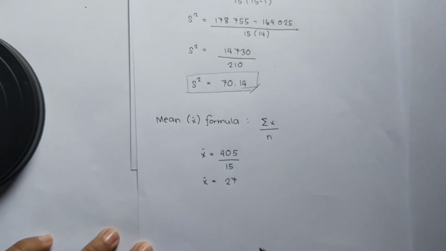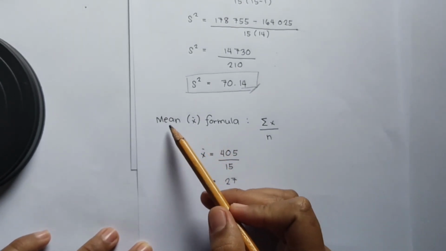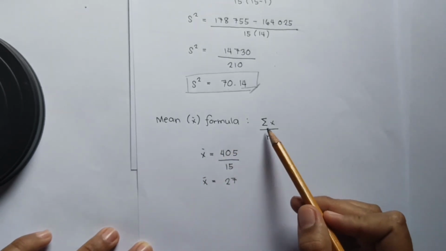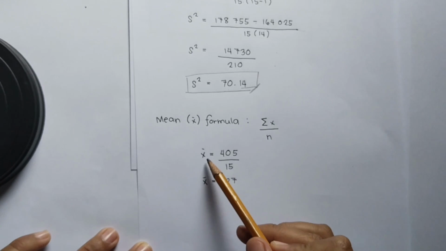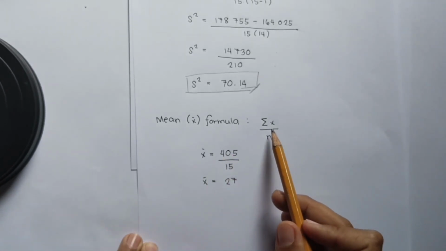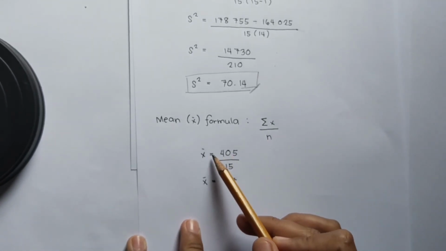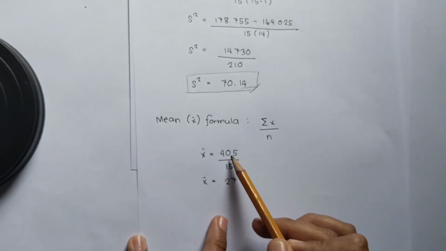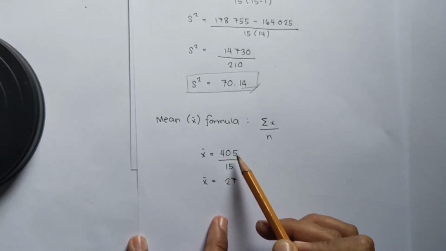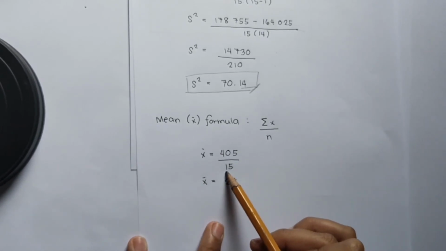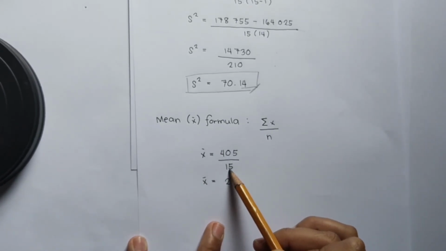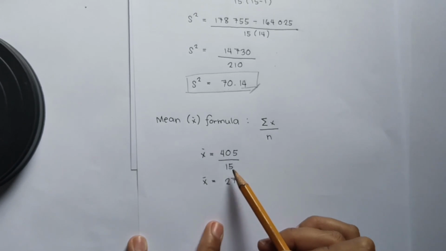Next naman, hahanapin natin yung value ni mean. So, the mean formula is summation of x over n. So, mean is equals to 405, which is ito yung summation of x natin, over 15, which is yung total number of students.